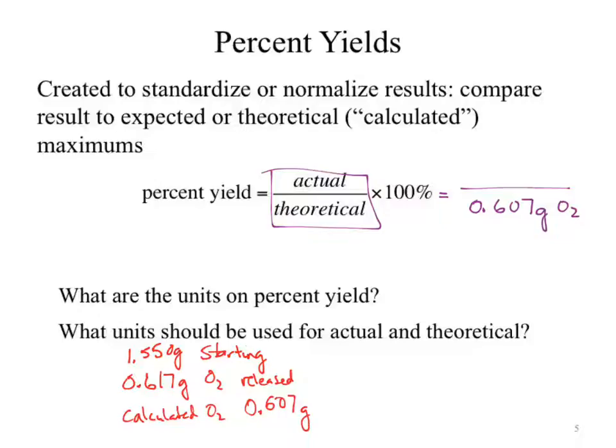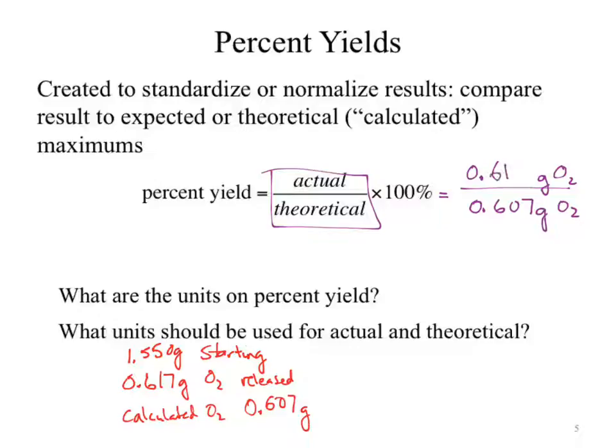The actual. Actual what? Actual yield. Actual yield of what? Oxygen gas. Why oxygen gas? That's the unit of my calculated yield. Where do I have units of oxygen gas? Theoretical.